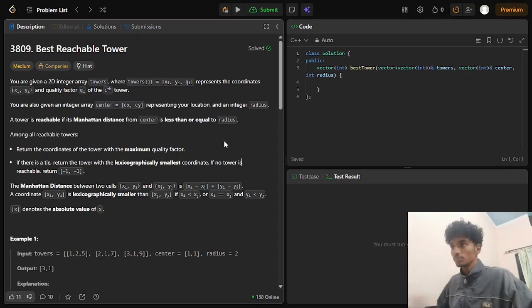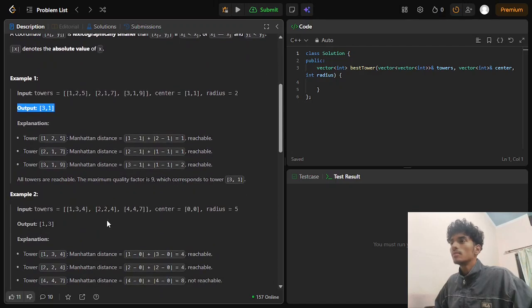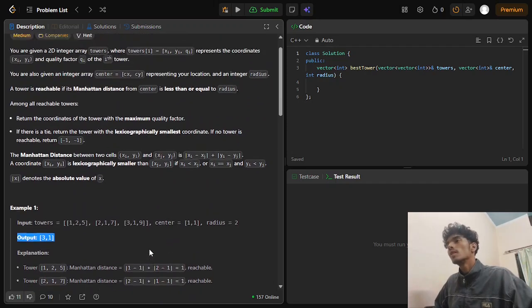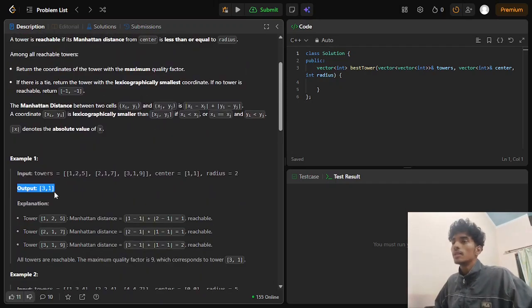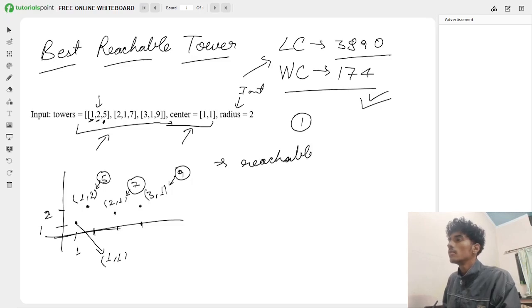At the end of the process we will have to return a particular coordinate x and y, with the following constraints. First of all, we need to find reachable coordinates according to the question.